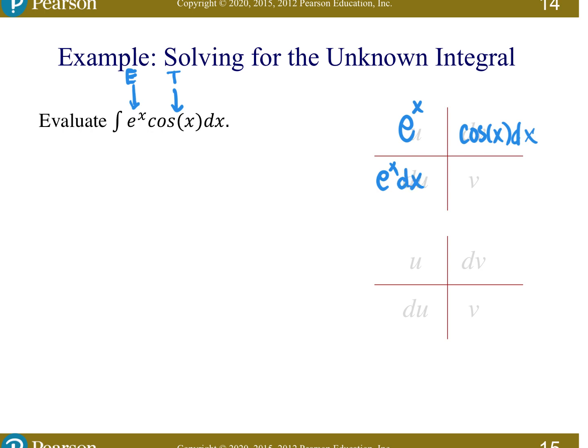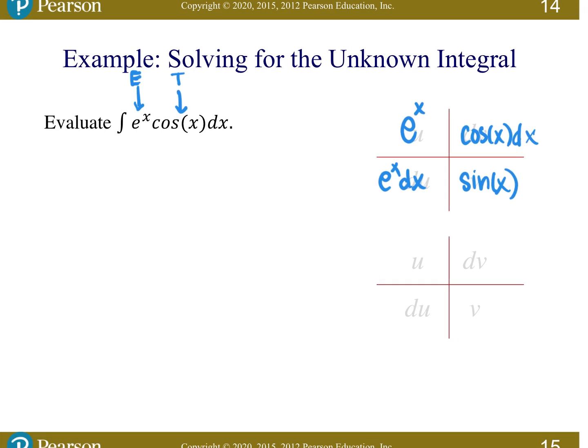And the antiderivative of cosine is positive sine. Okay, and we proceed like normal. This is where it's going to be important for you to write the problem down. You're going to see in just a minute why it's going to be important algebraically for you to have that there. So I have the integral of e to the x cosine x dx as my original problem.